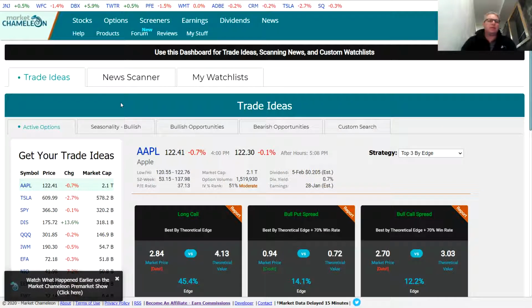And what you get is an edge. It doesn't matter if you are selling options for income and passive income, or you're a buyer. They give you an edge, meaning, for example, let's say Apple is right now at 122.